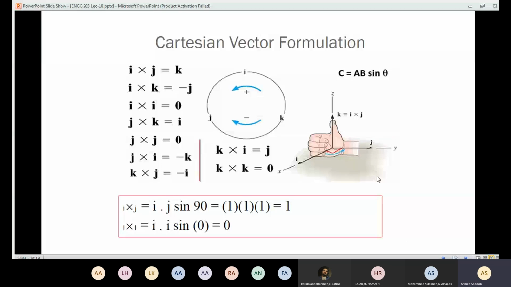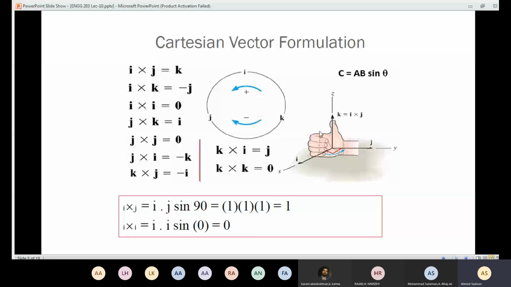We said that for the cross product of A cross B, we are going to have a new vector which is perpendicular to the plane of A, B. This time, instead of A, I'm going to have I, and instead of B, I'm going to have J. So here is the plane of the cross product.